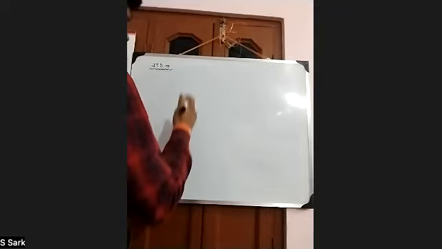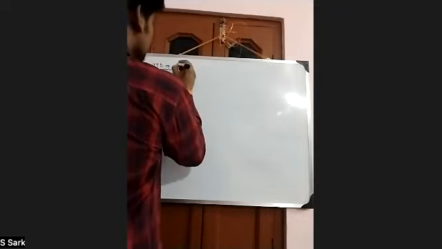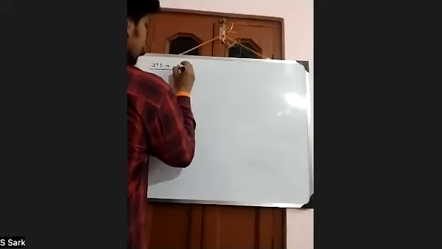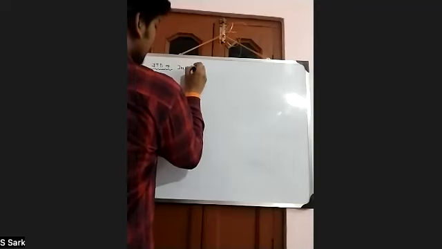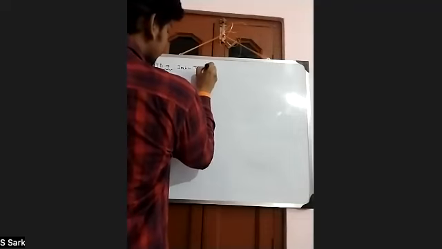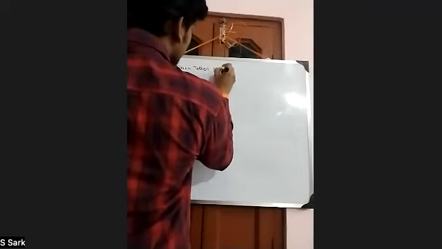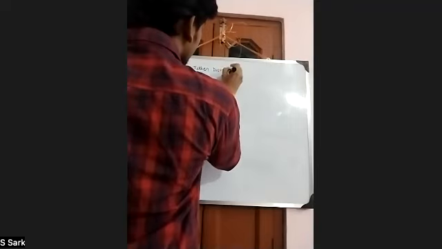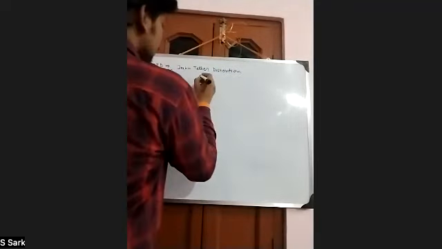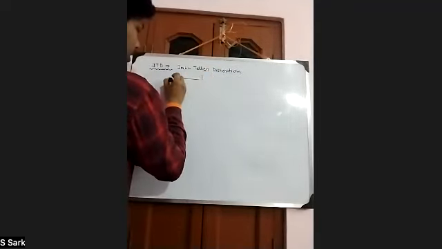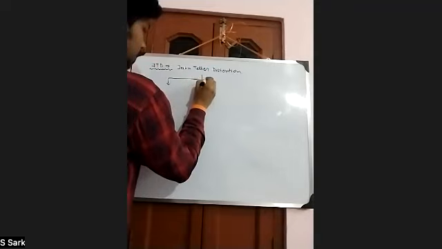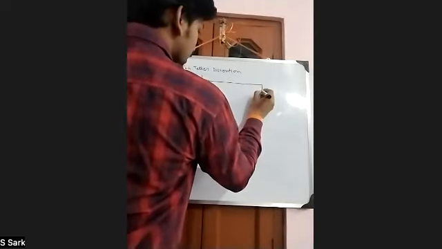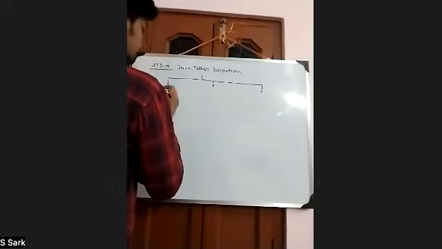So JTD means John Taylor distortion. There are three types of distortion we can see in coordination chemistry.